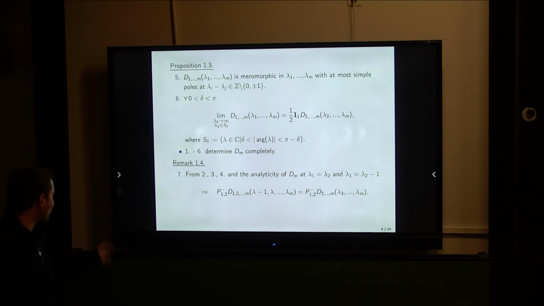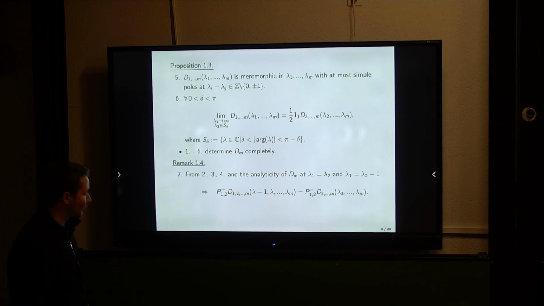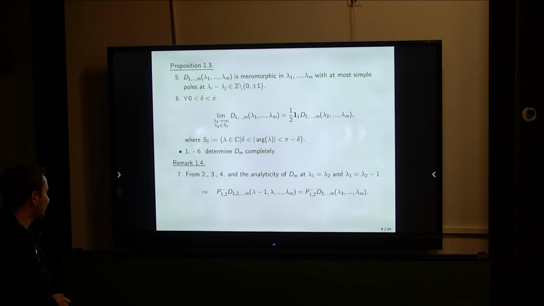It also has an asymptotic property, which is in the strip as delta. You can take the limit lambda 1 to infinity, and just one line in the density matrix will be trivial. Right.